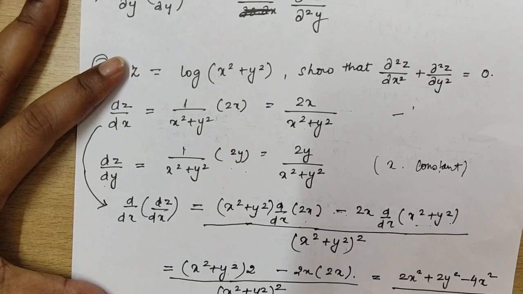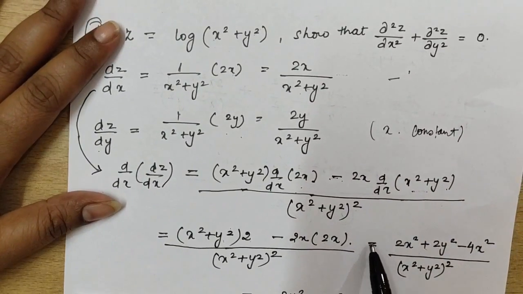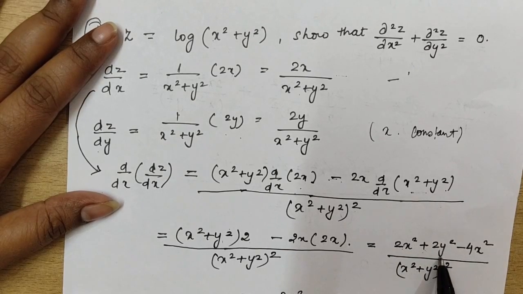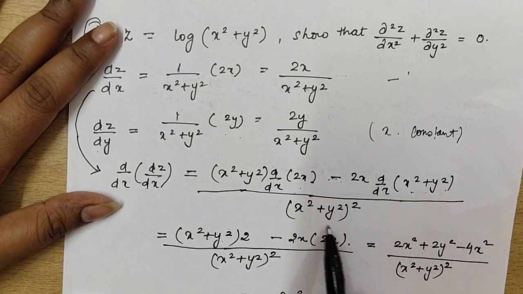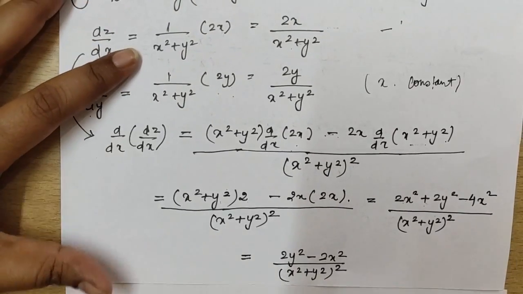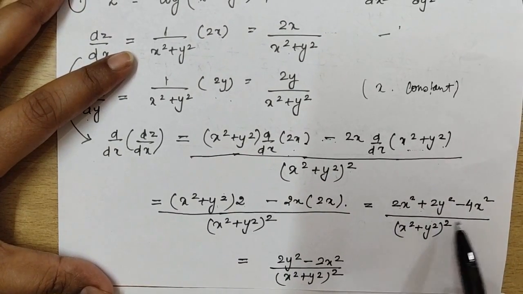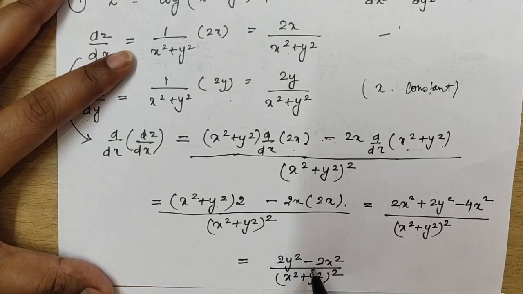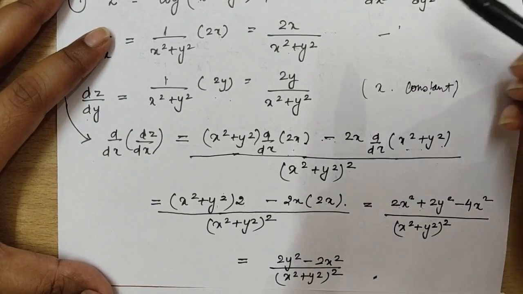And the square of the denominator, x square plus y square whole square. The result will be 2x square plus 2y square minus 4x square by x square plus y square whole square. So we cancel this and we get 2y square minus 2x square by x square plus y square to the whole square. Right? We got this portion now.